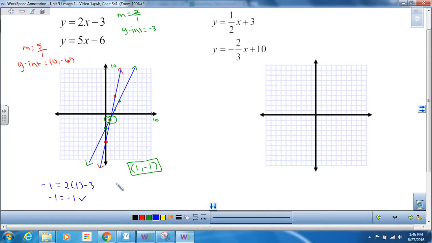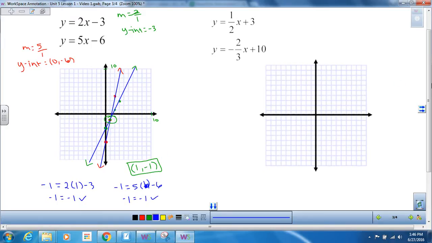And then my second equation, 5 times 1 minus 6. Okay, so I know that this is the correct answer, 1, negative 1.